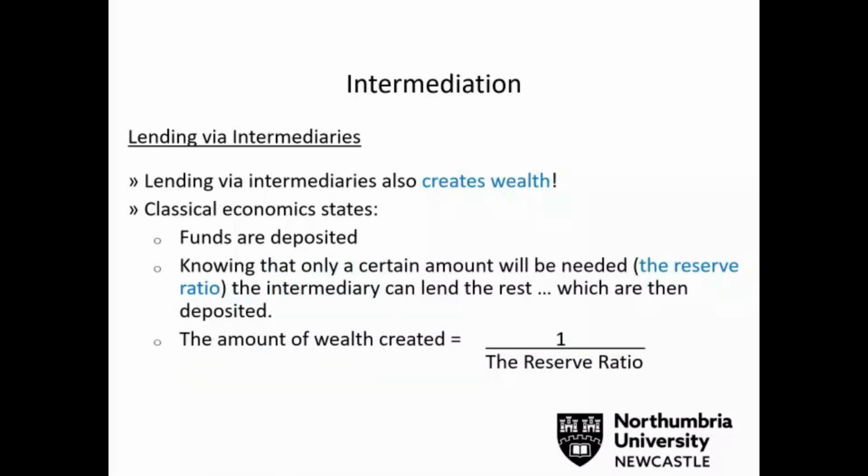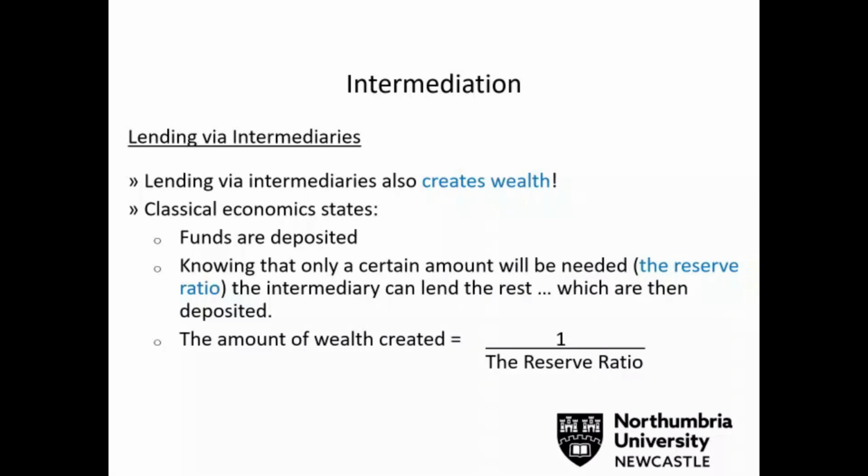But the key thing here, certainly under classical economics, is that lending via intermediaries creates wealth. Basically, the banks receive lots of surplus cash. If they just held it, that wouldn't be very useful. They receive this cash, they lend it out, that's what generates the wealth. They know, on average, how many people are going to withdraw their surplus.